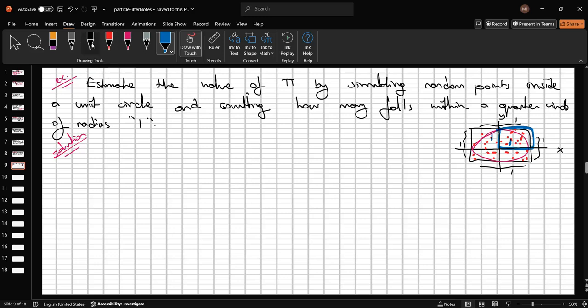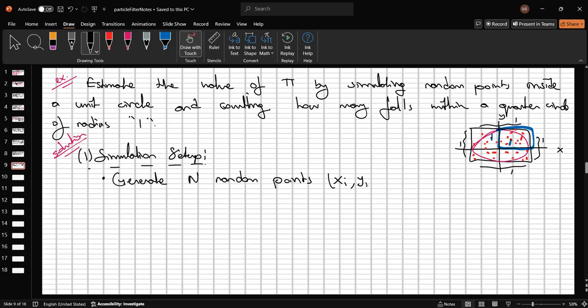Okay, and so in the first place, we need to write the simulation step or setup in a correct manner. First of all, generate n random points x_i, y_i, okay, where, as always, x_i and y_i are elements of 0 to 1.